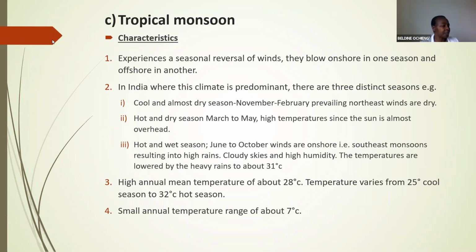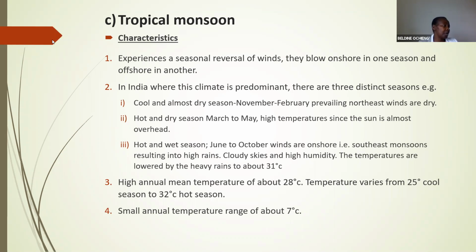Temperature varies from 25, that we call the cool season, to 32, the one that is called the hot season. The fourth one, small annual temperature range of about 7 degrees.